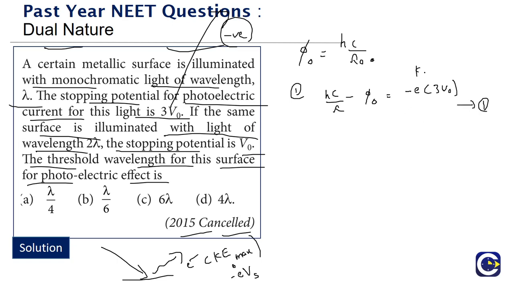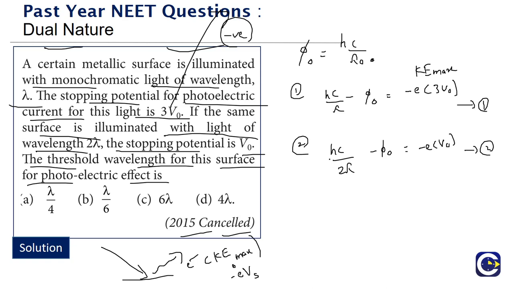In place of Ke max, we substitute minus e into the stopping potential. In the second case, we are incident with a wavelength of 2 lambda. Since we are dealing with the same metal surface, the work function will not change. That is equal to minus e into V0, because they are saying the stopping potential is V0.